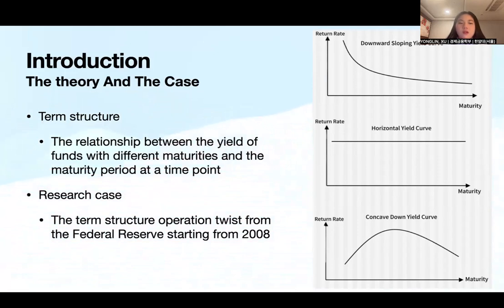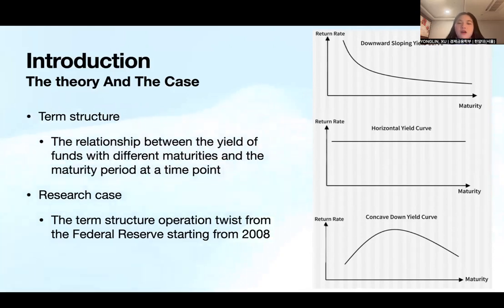And on the 21st of September in 2011, the Fed announced that in order to further stimulate economic recovery, it planned to launch a 400 billion US dollar operation twist until June 2012.